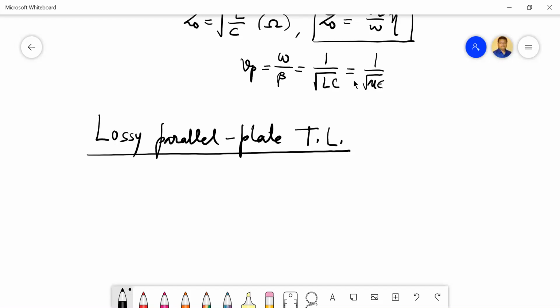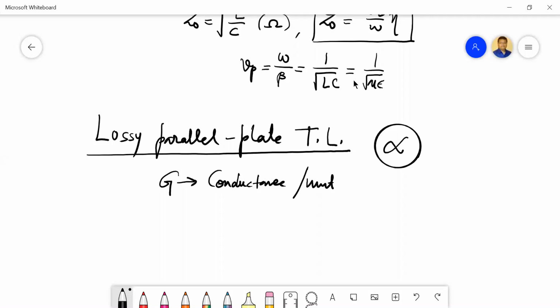So now the thing is, alpha will be there, correct? Alpha will be there, and here we have to define this G. What is G? G is the conductance per unit length across the two plates. And what is R?